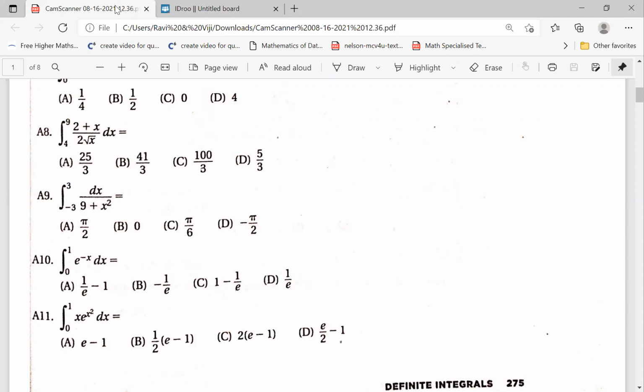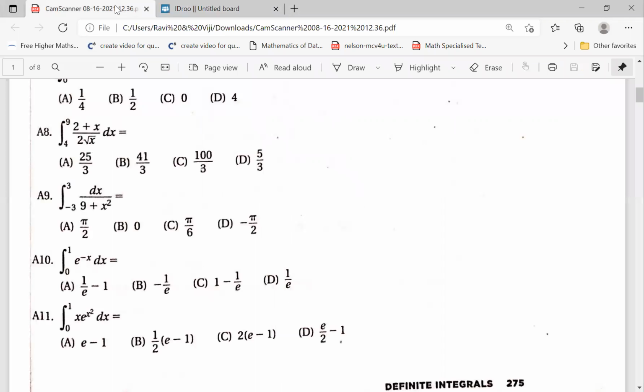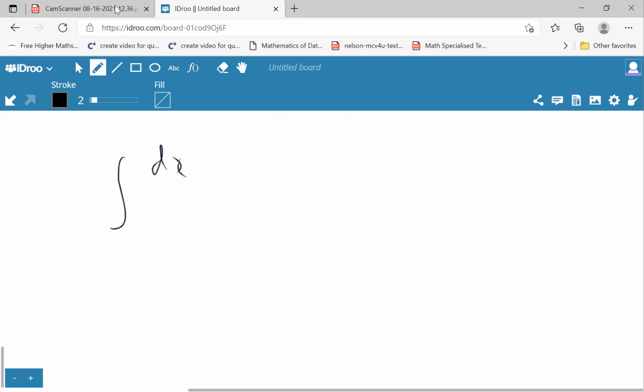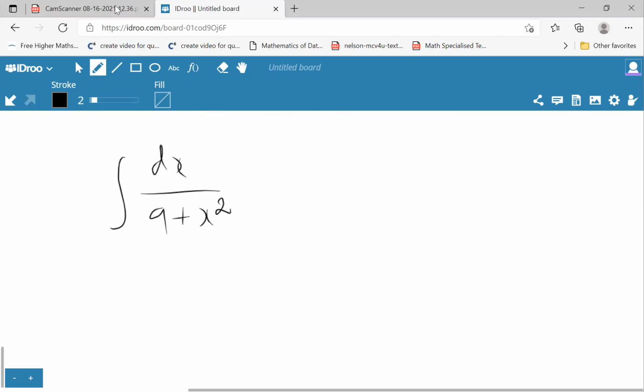Coming to the 9th one, integration of dx by 9 plus x squared between the limits minus 3 to 3.